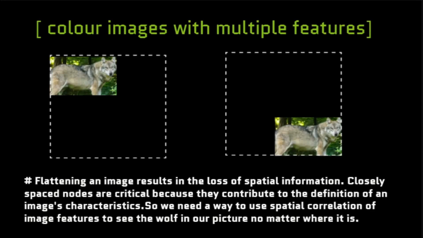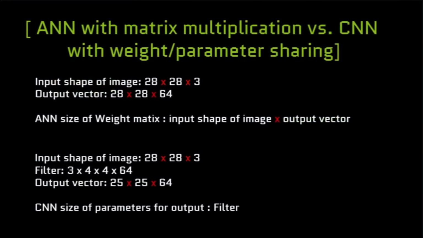Another disadvantage is that when working with large images, the number of weights quickly becomes unmanageable. For example, there are around 150,000 weights to be trained for a 224 by 224 pixel image with 3 color channels. This creates problems while training, and overfitting can take place.